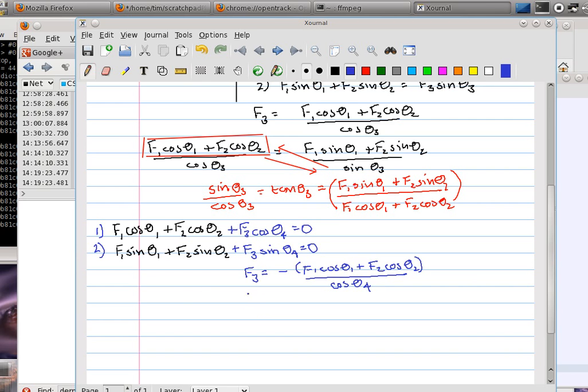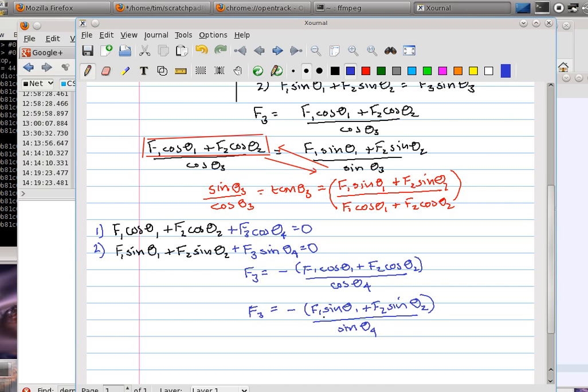Okay, so let's now have our alternate expression for F3 using equation 2. So this is going to be negative F1 sine theta 1 plus F2 sine theta 2 over sine theta 4.